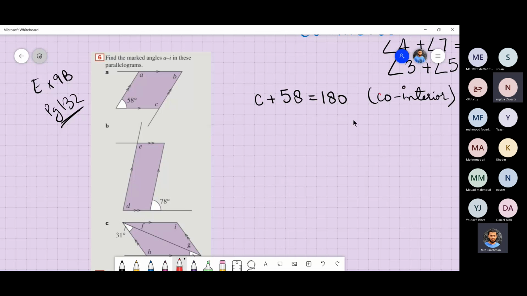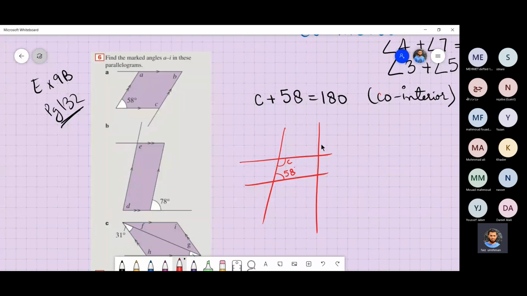Sablani, you did not understand, right? I need to give the same situation here. For example, this is 58 and this is C, and there is one line more. What will you do in this case?